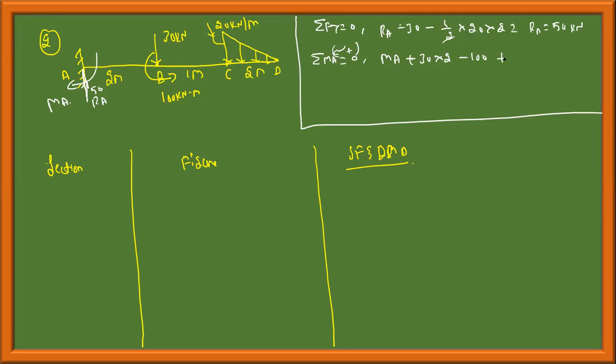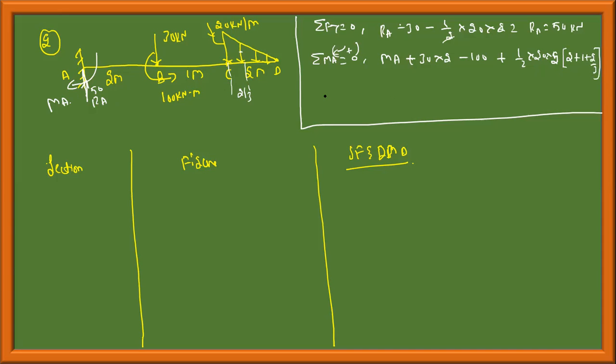Plus, the entire UVL load is concentrated at a point: half into B into H, half into B into 2, and the distance is, since H by 3 means 2 by 3, the entire distance 2 plus 1 plus 2 by 3 is the moment arm.